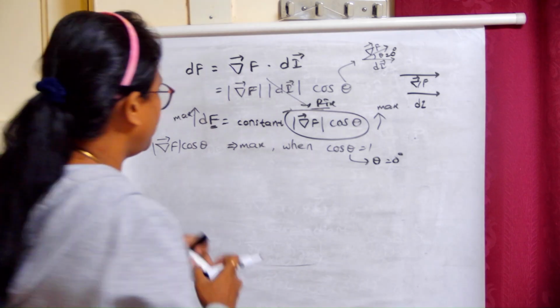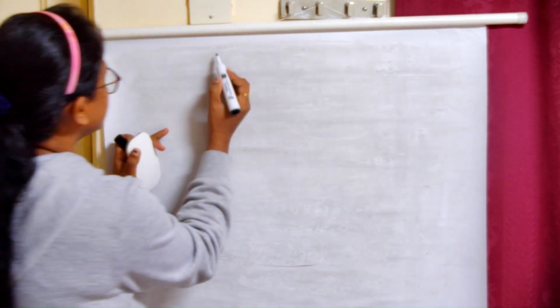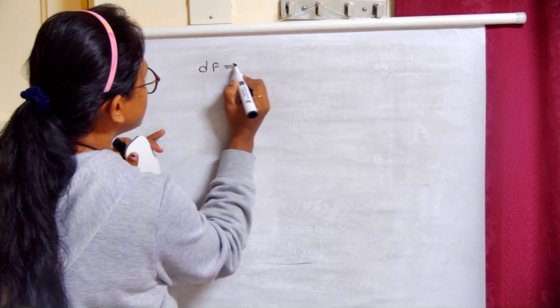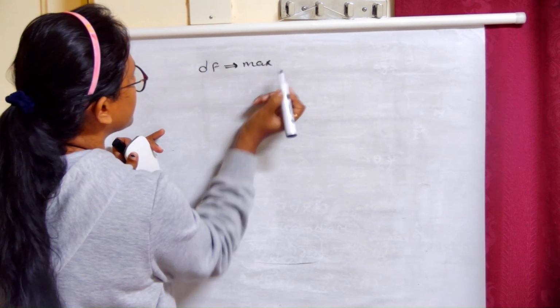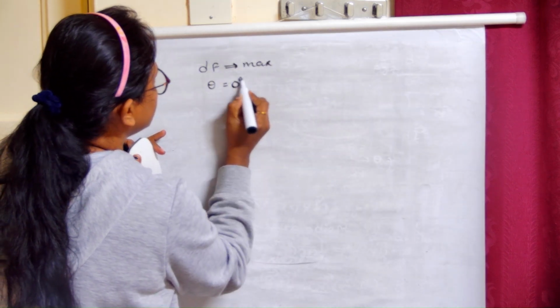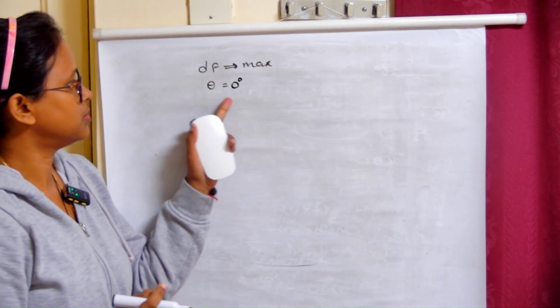So now we understood that maximum change in function f happens when the angle between the gradient and the displacement vector is 0 degrees.